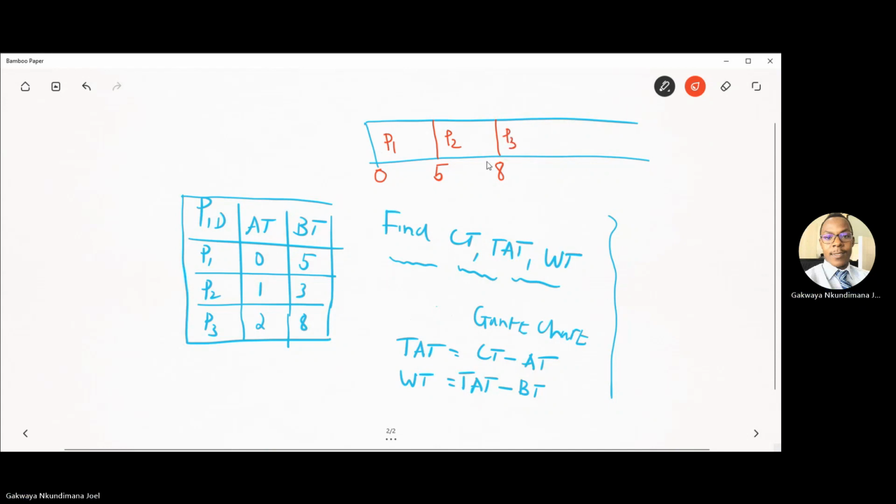Third, process 3. Process 3 will start when process 2 finishes, or when process 2 expires.